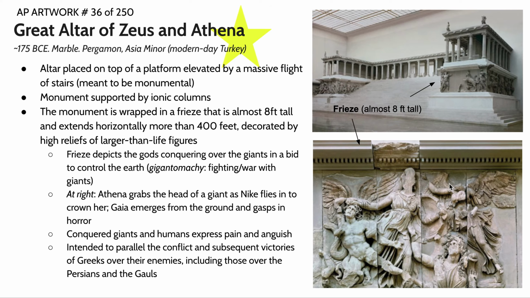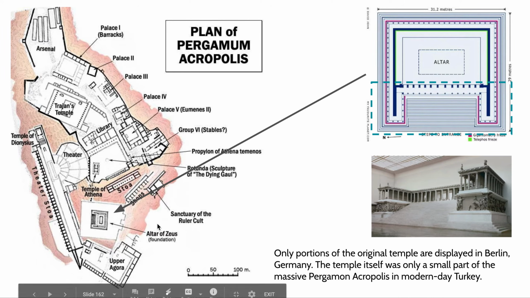So this is perhaps the most famous of the Hellenistic Greek works of architecture. It's called the Great Altar of Zeus and Athena. Amazingly, even given how big this is, it's only a small section of the altar. And the altar itself is only one small section of this gigantic Acropolis in Pergamon, or modern day Turkey.